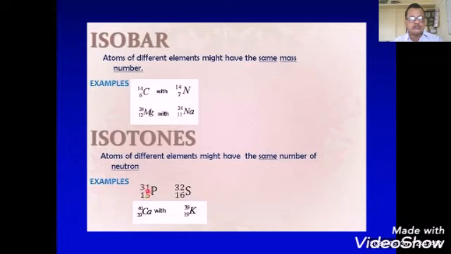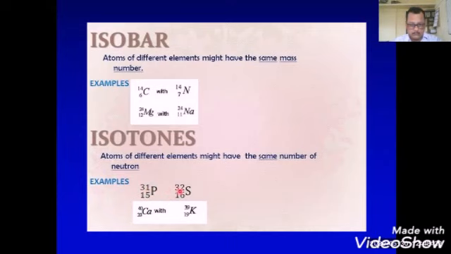Here again 15 phosphorus 31 and 16 sulfur 32. So atomic number 15, the number of neutrons will be mass number minus atomic number. It will be 31 minus 15, that is 16. Here the atomic number is 16, mass number is 32. So the number of neutrons will be 32 minus 16, that is 16. So this pair of atoms, they are atoms of different elements, but they have the same number of neutrons.